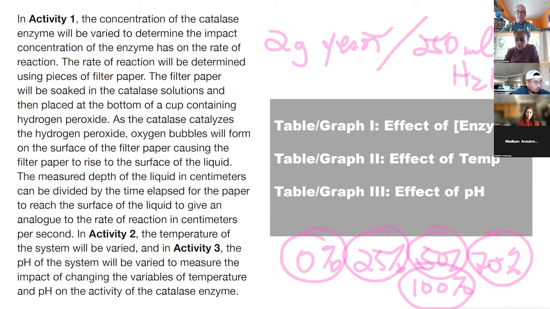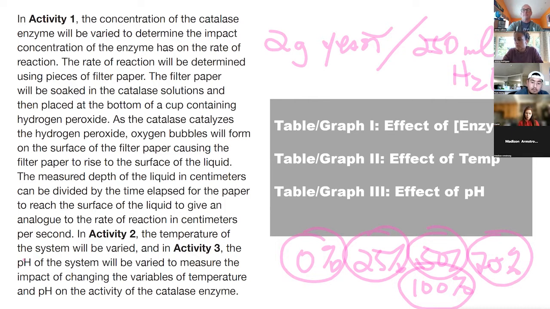Put them into a cup that has hydrogen peroxide in it, push it down to the bottom with a set of forceps, and wait for the oxygen bubbles to push the filter paper back up to the top. And presumably, the more concentrated our solution is with enzyme, the faster that should go.